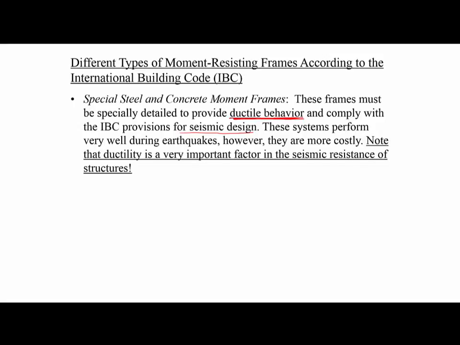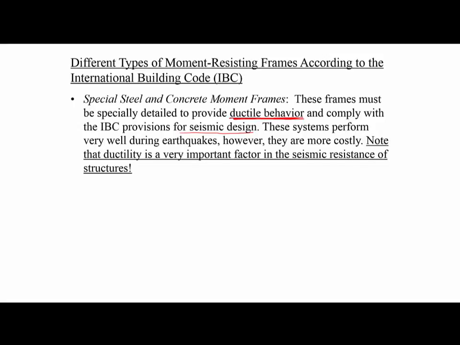That is when ductility becomes very important, which means we want the building to flex and bend, and that bending can be permanent, but it doesn't cause the complete failure of the building, because that is going to cause fatalities.